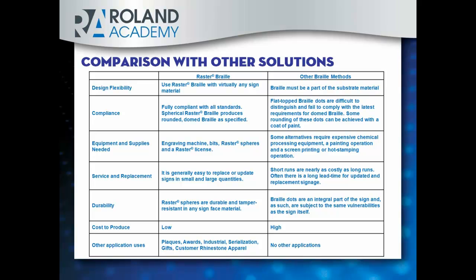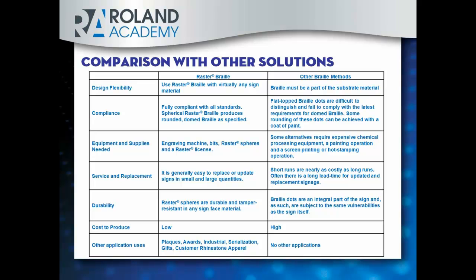The equipment and supplies needed, with raster braille, it's just simply the engraving machine, rasters, cutters, and the license. With photopolymer, you've got to have chemical processing equipment, paint operations, screen printing, hot stamping. You've got to have a film printer for doing the films, for etching. So that's quite extensive.